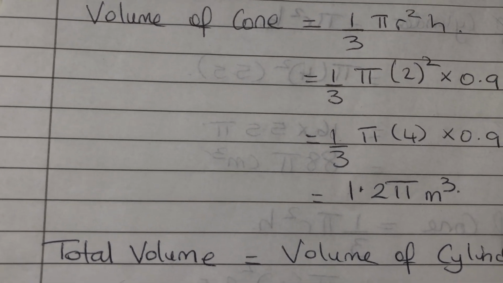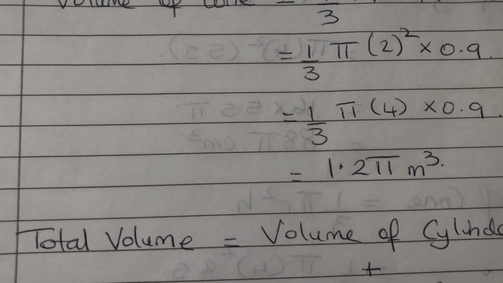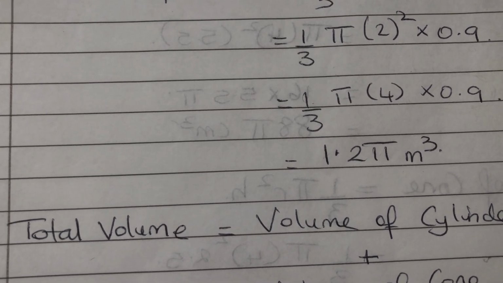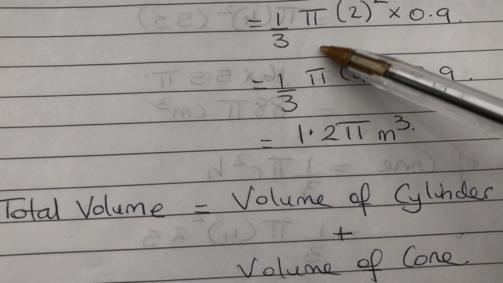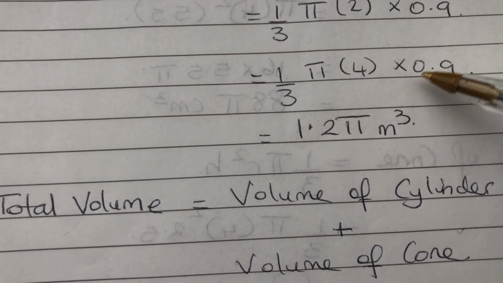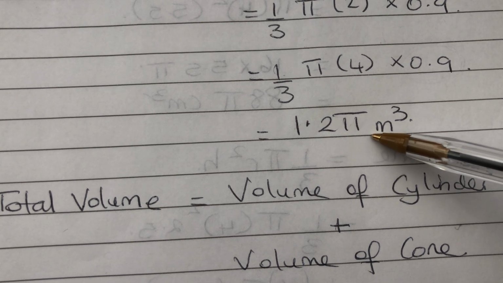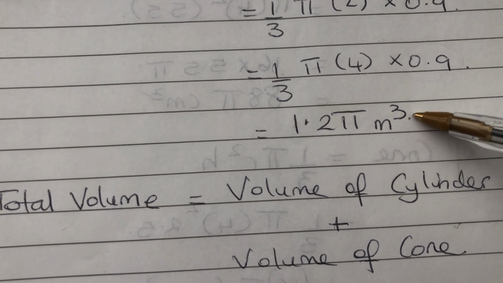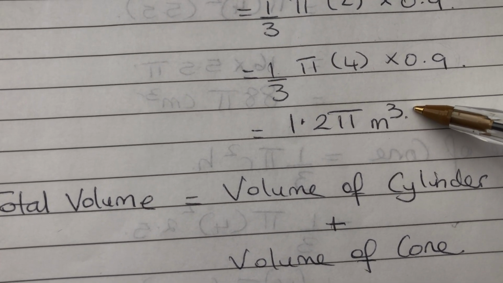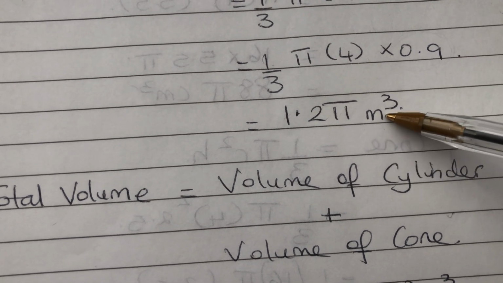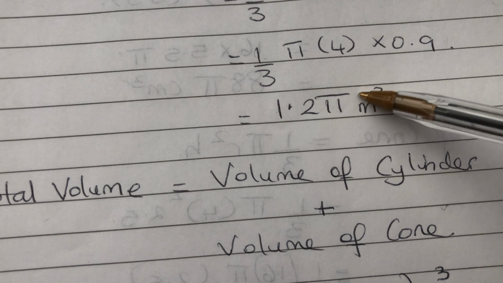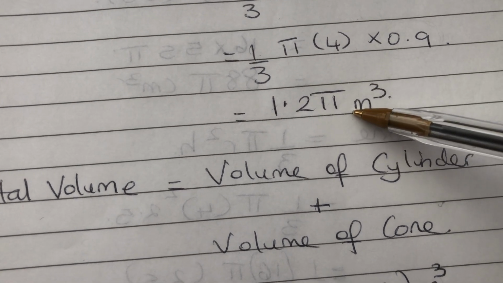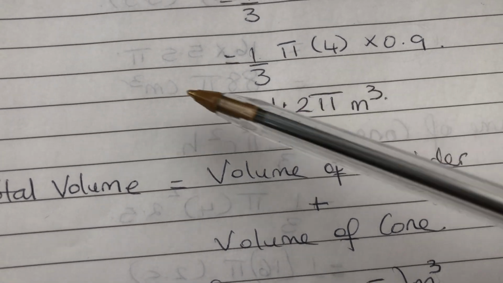The h we used earlier is the height of the cylinder. So if you do this right, you get 1.2 pi meters cube. It's volume, so your unit will be cube, so meter cube.